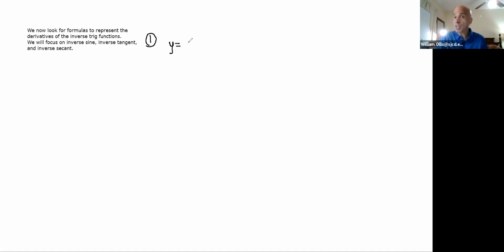The inverse function theorem is fine, and it's your choice. Either way is good. So just say we have y is equal to the inverse sine of x. That's like we're back in pre-cal, and we remember we just used this idea: if and only if, applying sine to both sides, x equals sine of y.